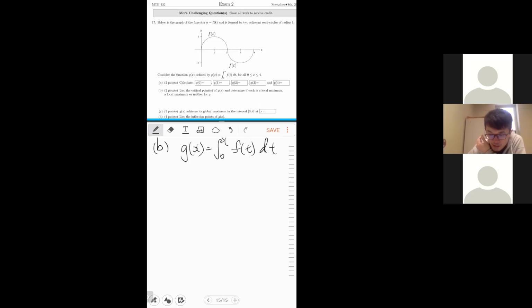We're talking about g of x, and I'm asking how do I find critical points of g of x?